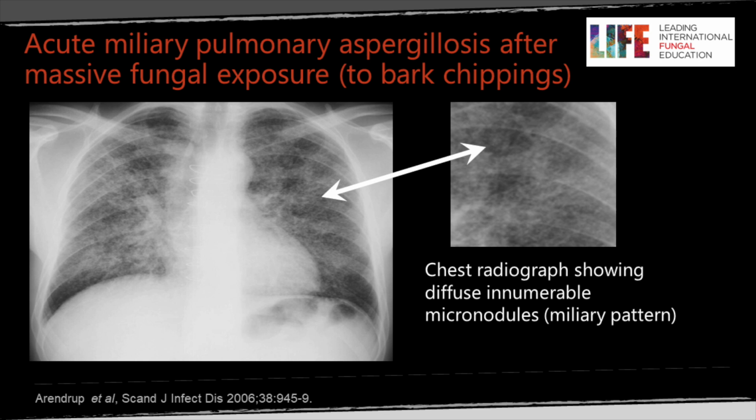They've breathed in large amounts of Aspergillus, and there are numerous nodules scattered through the lungs. If you look at the distribution of this on a CT scan, however, you'll see that this is more airways related. This isn't the typical random pattern that we've seen on the CT scans.